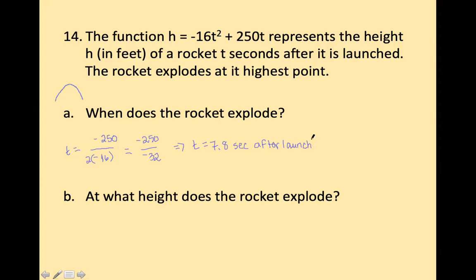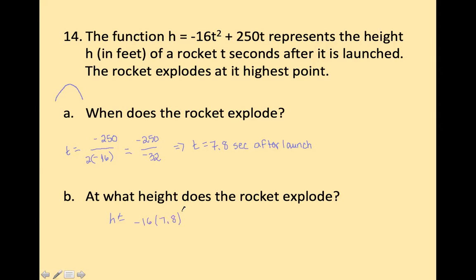All right, and the next question is, at what height does it explode? Well, this is the x coordinate of our vertex, right? That's the negative b over 2a. Find the height at which the rocket explodes. Oh, h of t equals, that should say. I'm going to take my 7.8 seconds and replace t with that.